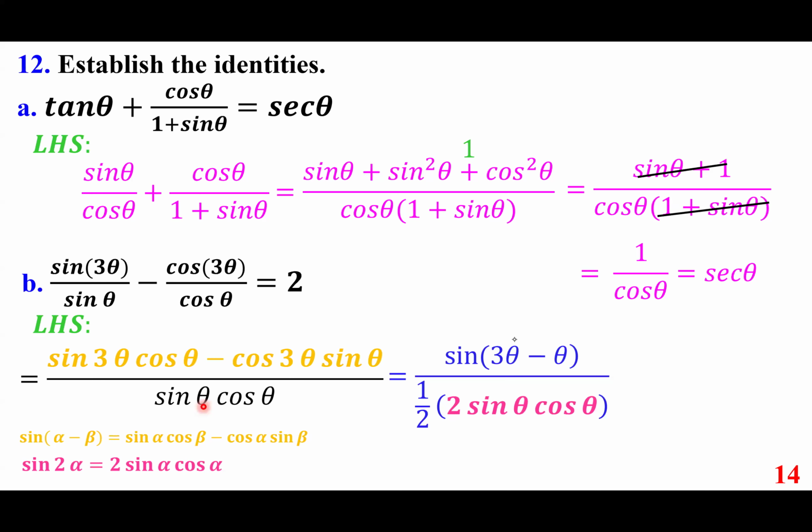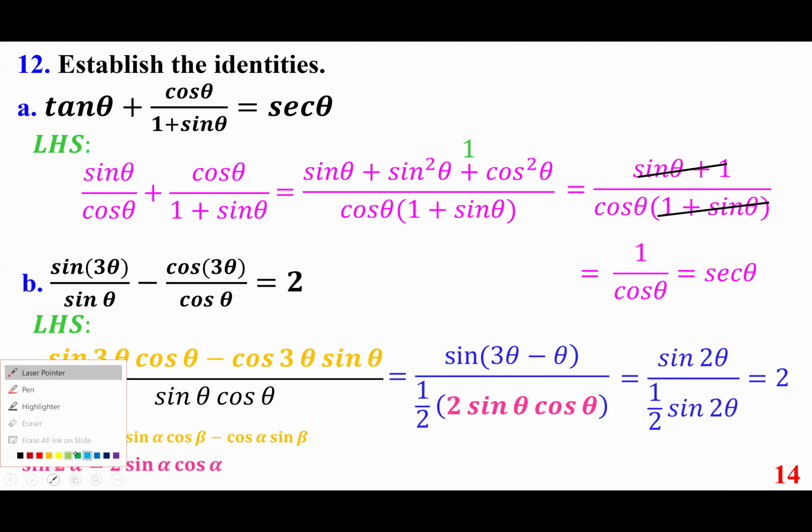Right, so this is sine of 2 theta, this is sine of 2 theta, and these two cancel each other. We get 1 over 1/2, which is 2.